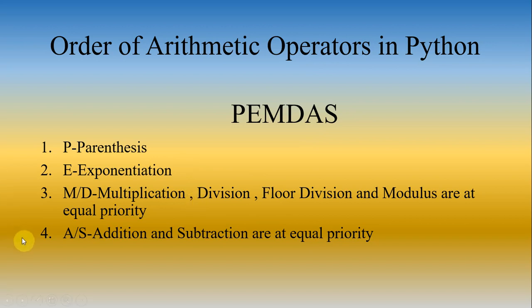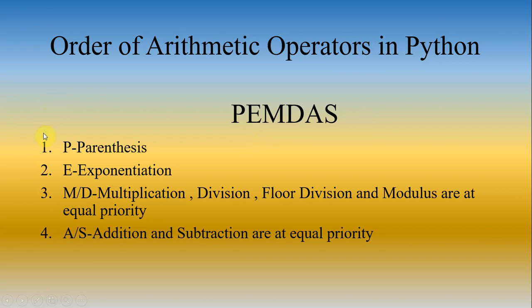And in the last is addition and subtraction. Again, addition and subtraction have the same priority. So again, our rule applies that if addition and subtraction are there in an expression, we must go from left to right. So we have covered the entire PEMDAS.